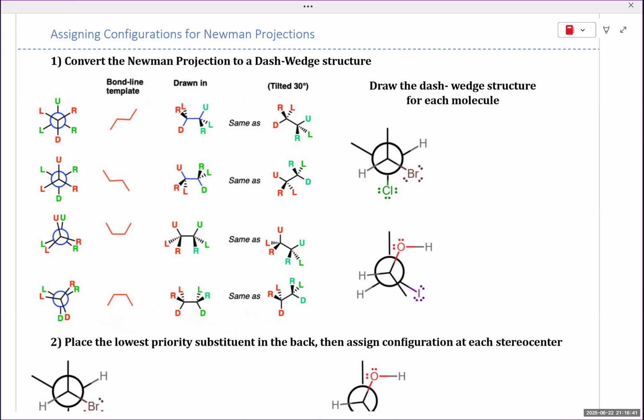So here's our template all the way back from chapter 3. Given the following Newman projection, if we wanted to match this particular Newman projection to our template, this Newman projection matches the following template.